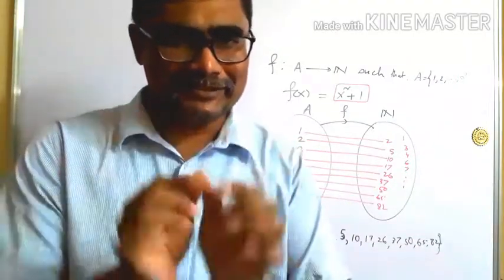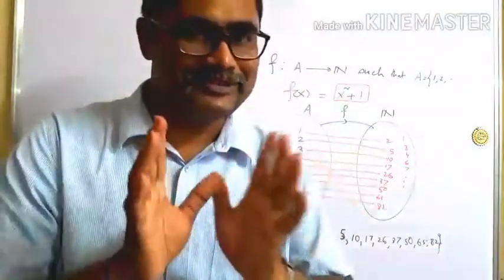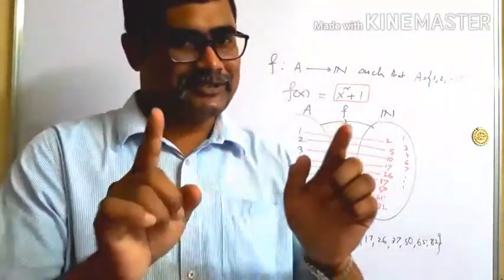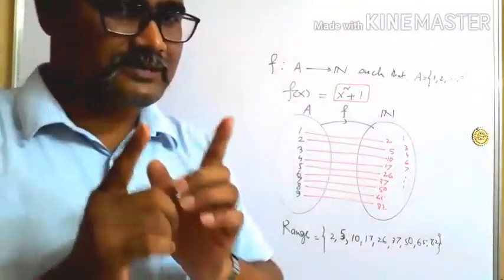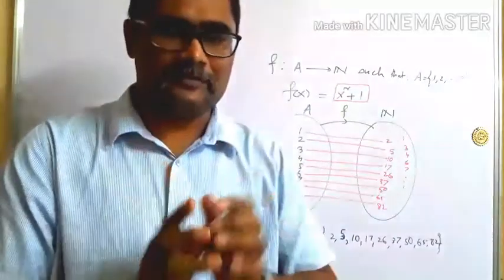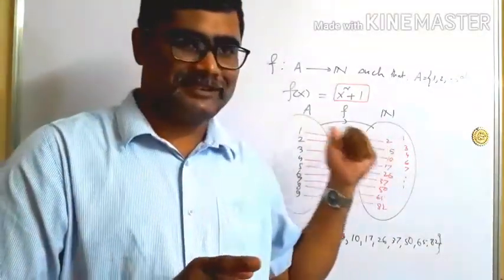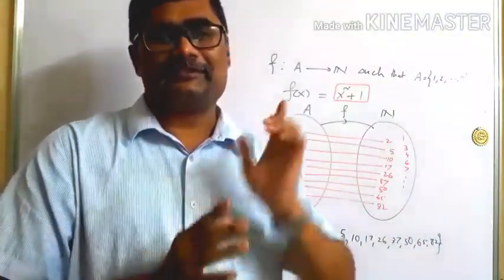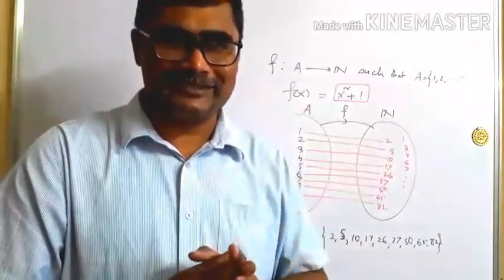Had the domain been a real number set, or a continuous dense set of real numbers, but dense is a higher concept, forget about that. As a real number set other than natural numbers or integers, I'm talking about decimal numbers, it would have been difficult for us to find all this so quickly, right?